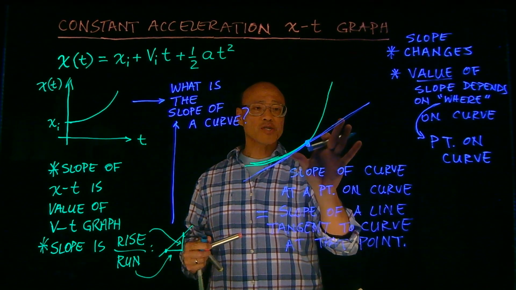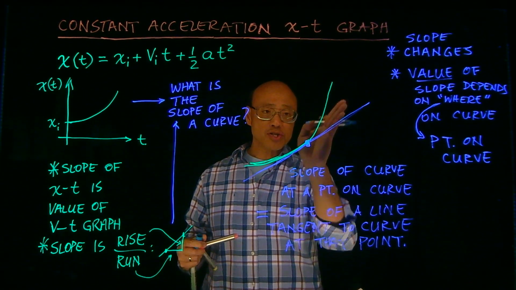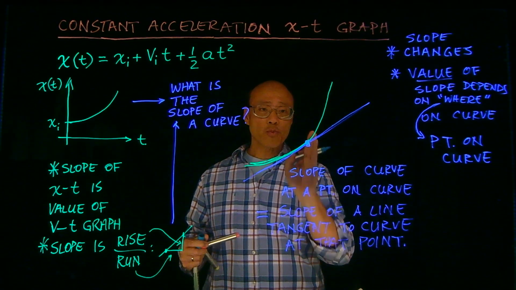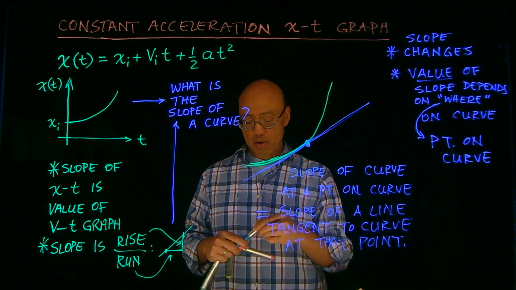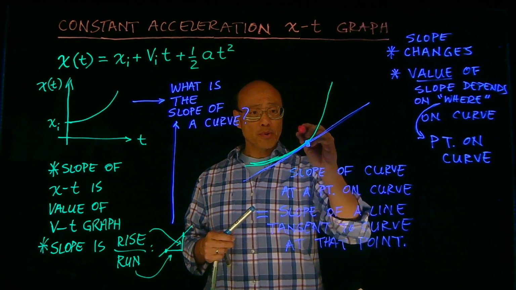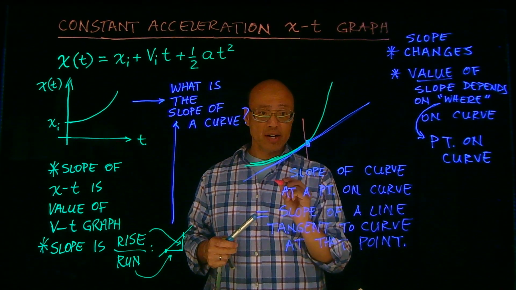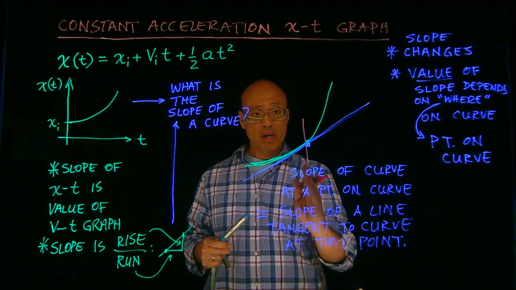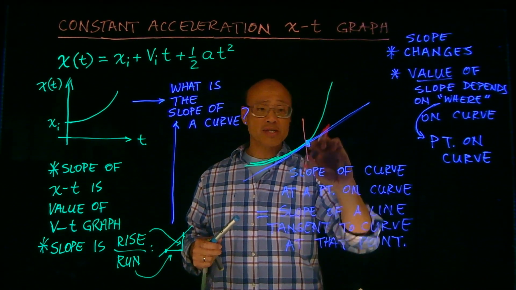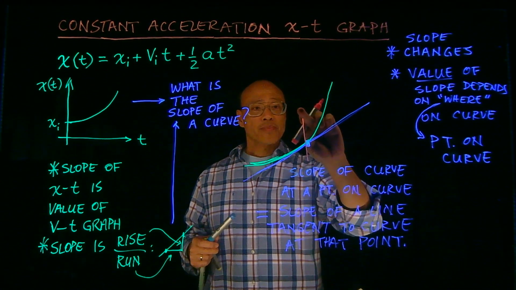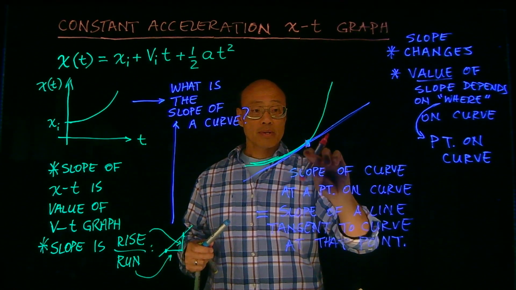Tangent means what? Tangent means the line intersects the curve only at one point. It doesn't pierce the curve. So at that point, this is not a tangent line. It punches through the curve. In other words, one line is inside the curve and one line is outside the curve. So that's not a tangent line.